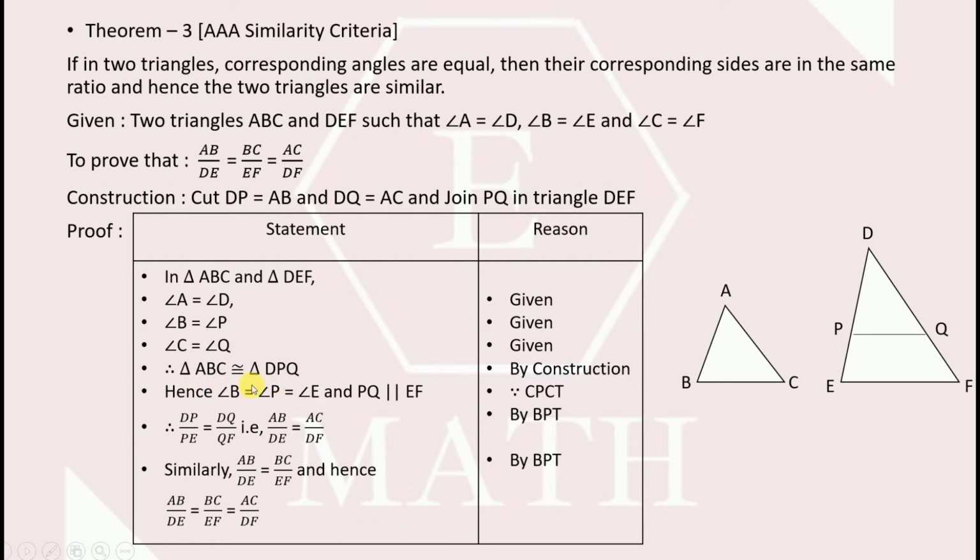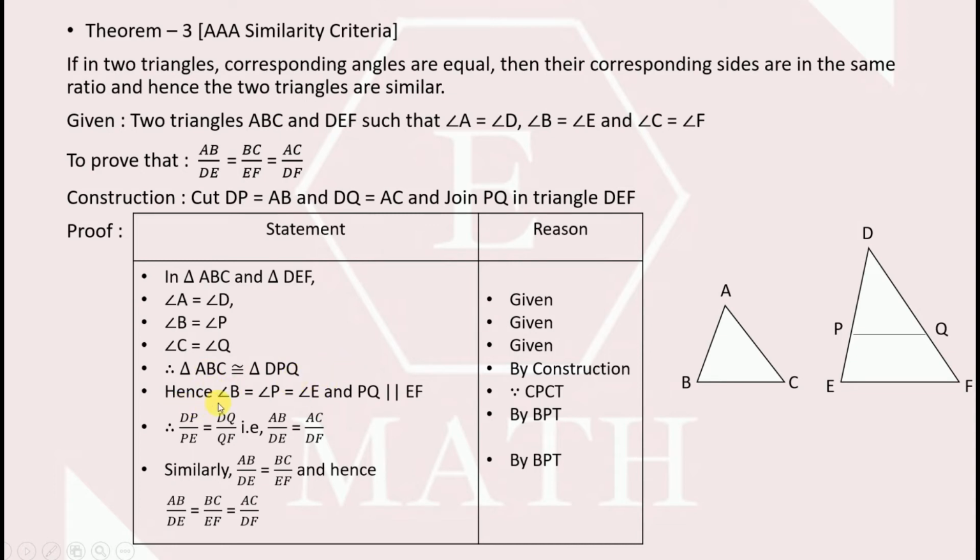Okay, because by construction we'll cut these points P and Q and join this line. By joining that, we'll get these three angles which are equal, and hence by AA congruence criteria, we can easily say that these two triangles are congruent to each other.